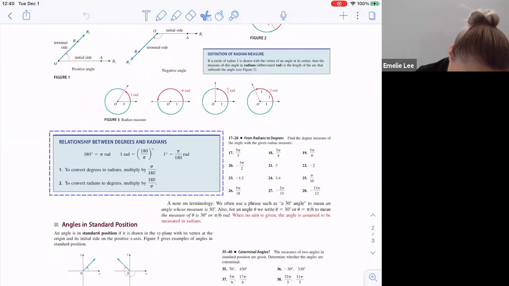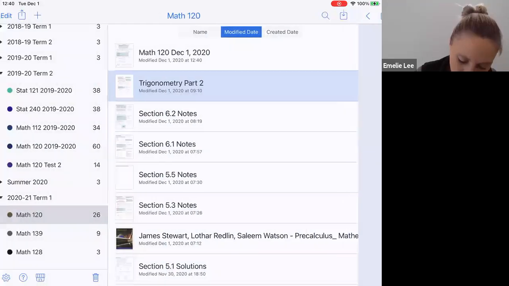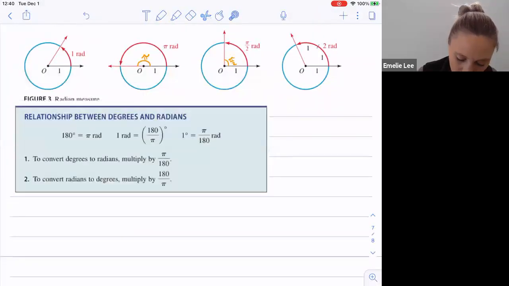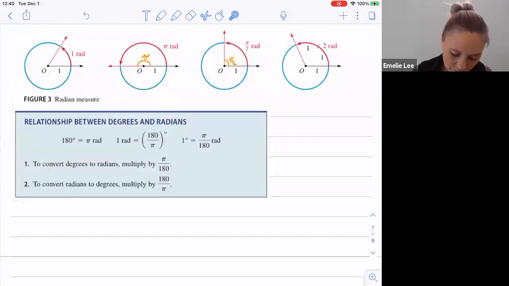So let's talk about the relationship. We should be able to move back and forth between radians and degrees. We said 180 degrees, which we saw up here, is the same as pi radians. Usually if there are no units, we don't usually write radians, we just leave it blank.